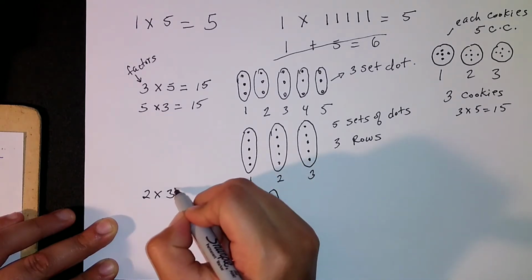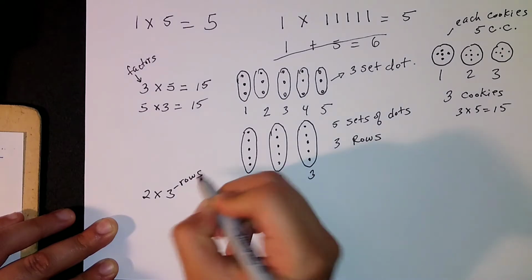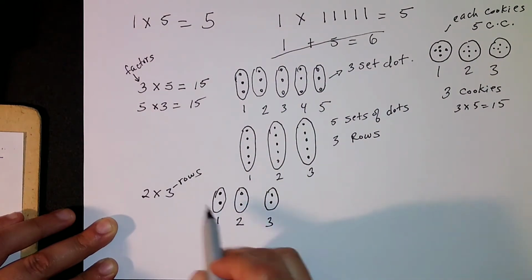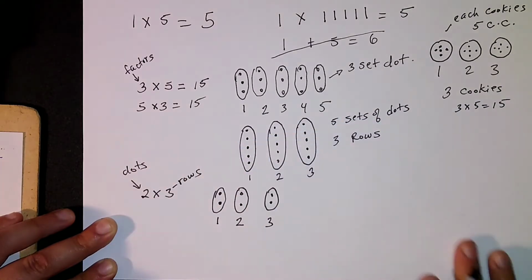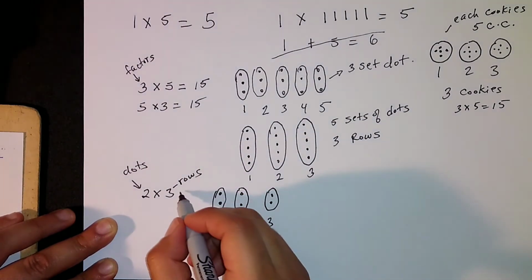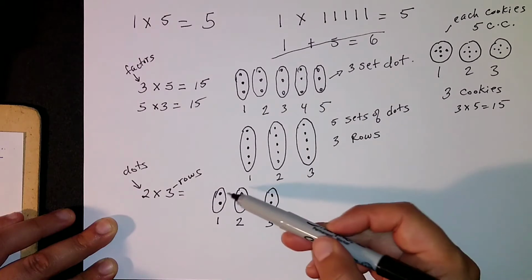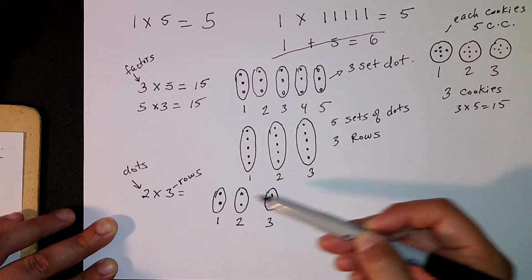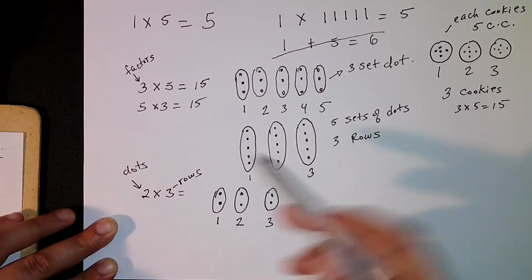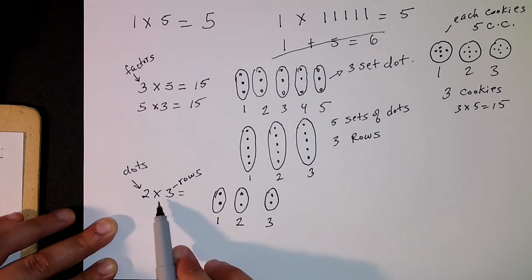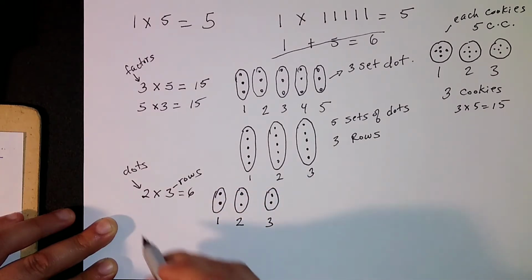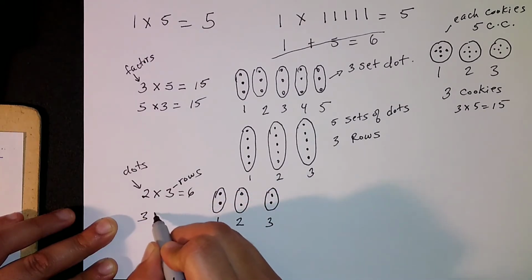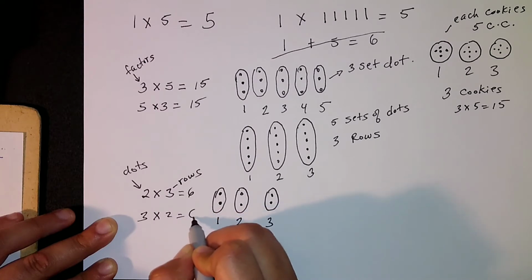So this is your rows, and these are your dots. So 2 times 3, we count 1, 2, 3, 4, 5, 6. 2 times 3 is 6. The same way that 3 times 2 is 6.